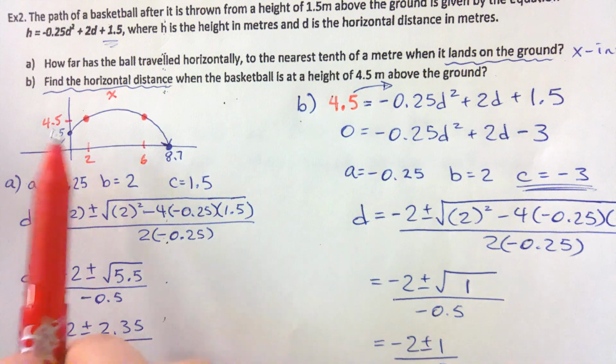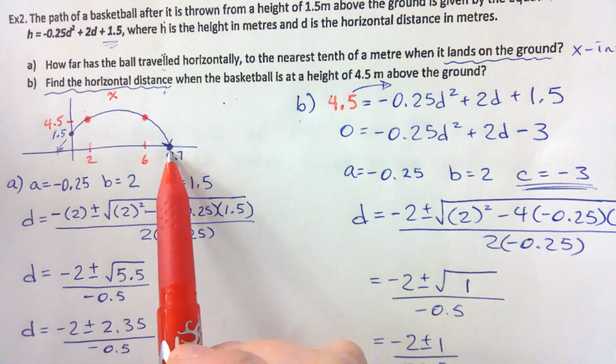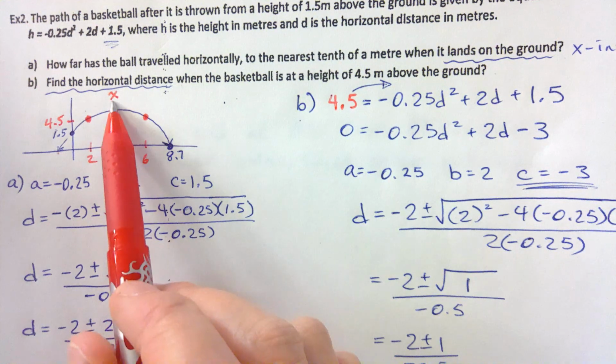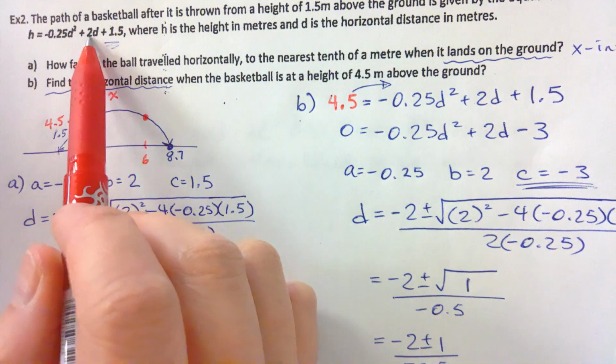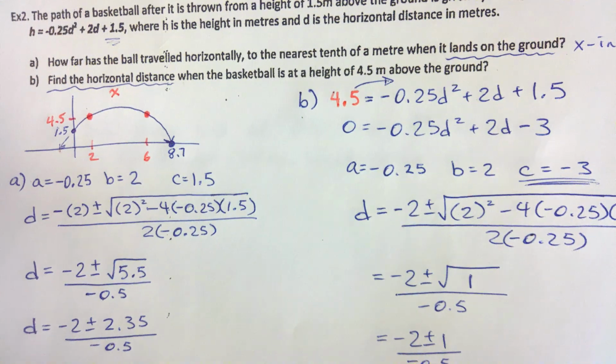Yeah, so I could find the middle, find the x, and then plug it into here. That's one way to find a vertex. And the second way is completing the square, what we did on Monday. So we're going to try that tomorrow when we do completing the square.